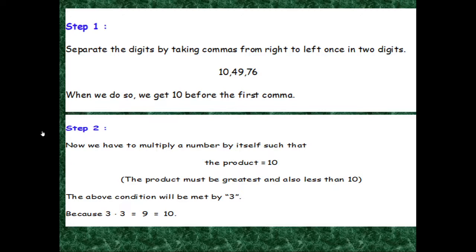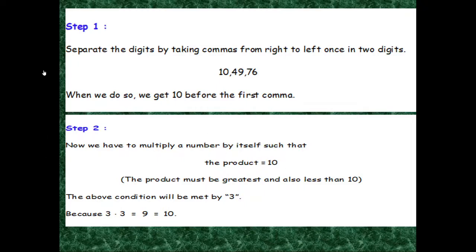What I mean is that we need to multiply a number by itself. For example, we take 4. We can multiply the number by itself, 4 into 4. This is the correct method. We should not multiply 4 into 3 or 4 into 2. That is the wrong method.